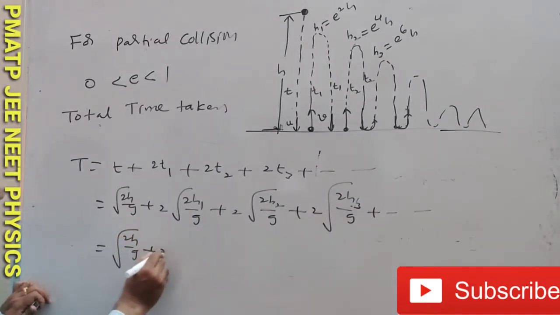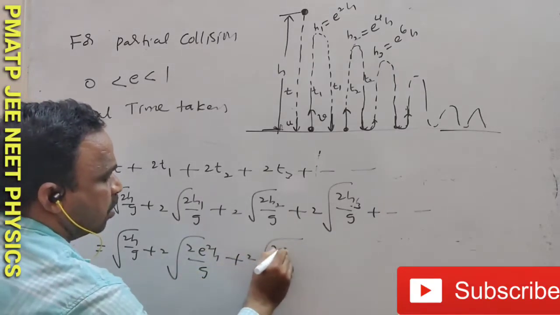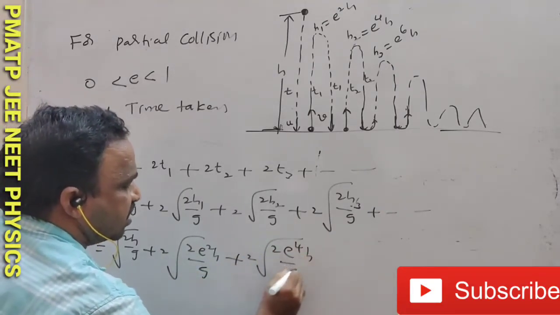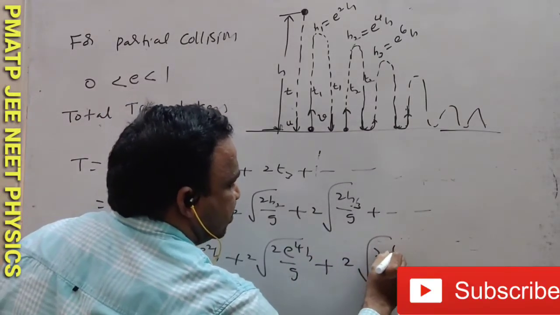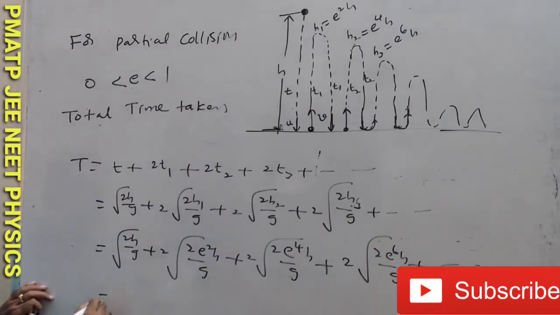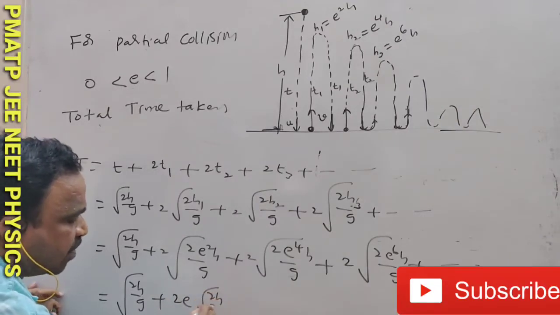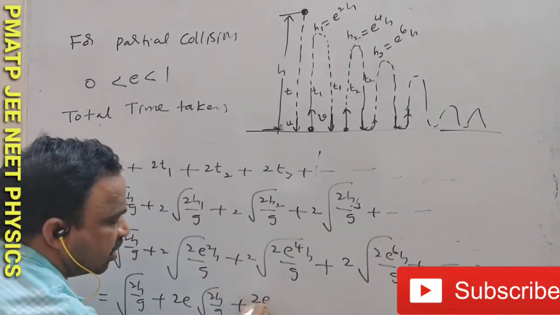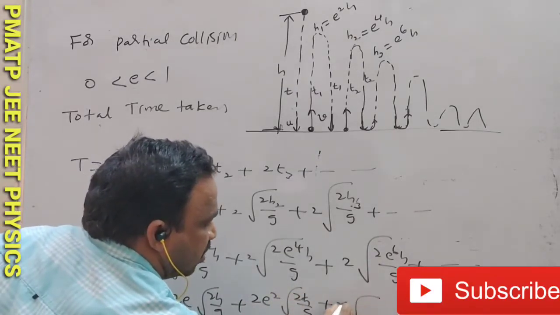So root 2h by g, plus 2 into root 2h1 by g with h1 = e²h, plus 2 into root 2h2 by g with h2 = e⁴h, and so on, plus 2 into root 2h3 by g with h3 = e⁶h, and so on. So simplify it. Root of 2h by g. Now we should take e squared outside: 2e root 2h by g, 2e² root 2h by g, plus 2e³ root 2h by g, and so on.